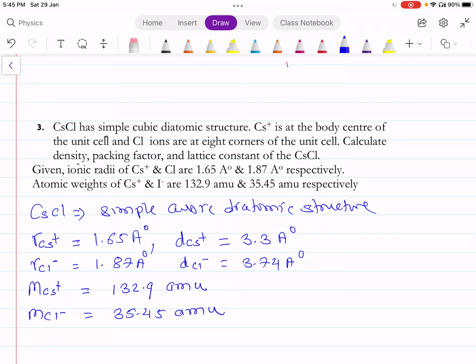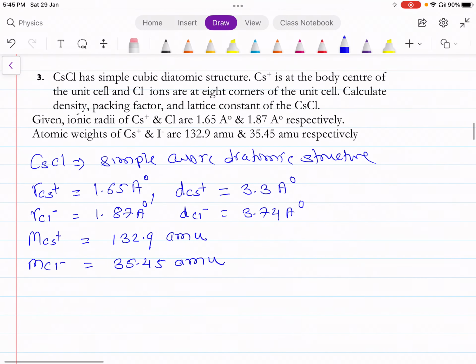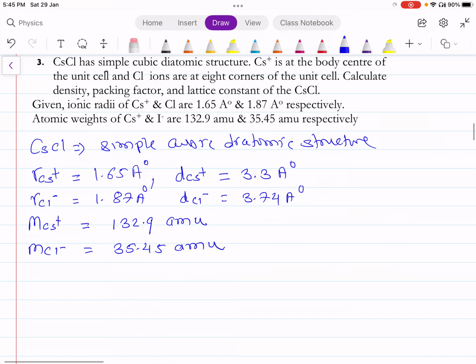So these things are given to us, plus cesium chloride is a simple cubic diatomic structure. And in the case of a simple cubic diatomic structure, atoms, or we can say ions, are in contact with each other along the body diagonal.